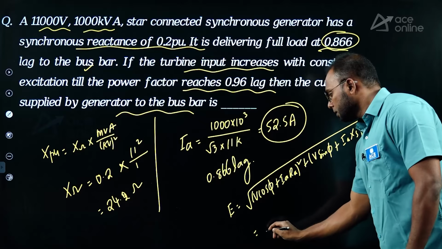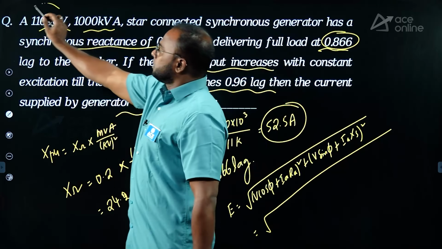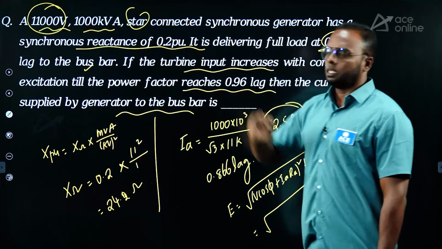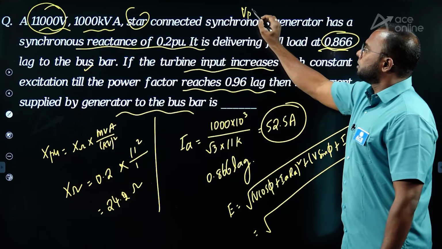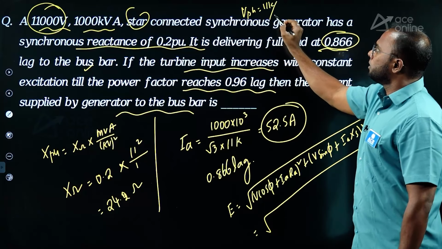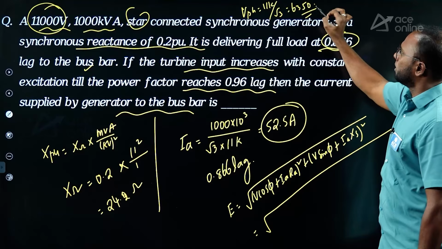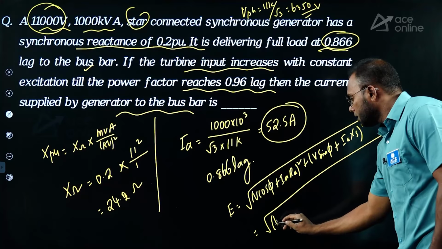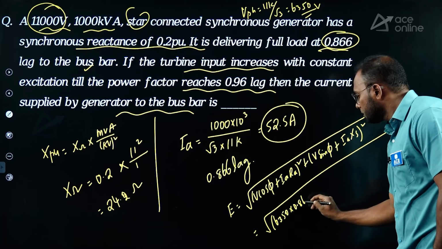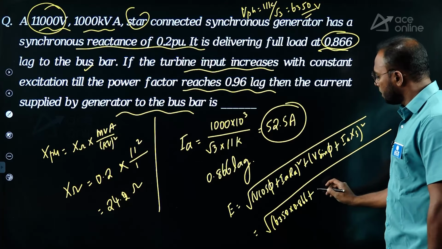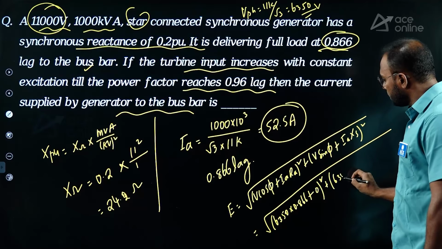Then substitute all the data. Here 11 kV is the line voltage, star connected, so what is the phase voltage? 11 kV divided by root 3, which we get as 6350 volts. Substitute: 6350 into 0.866 plus IA RA, which is 0, whole square, plus V sin phi, 6350 sin phi.